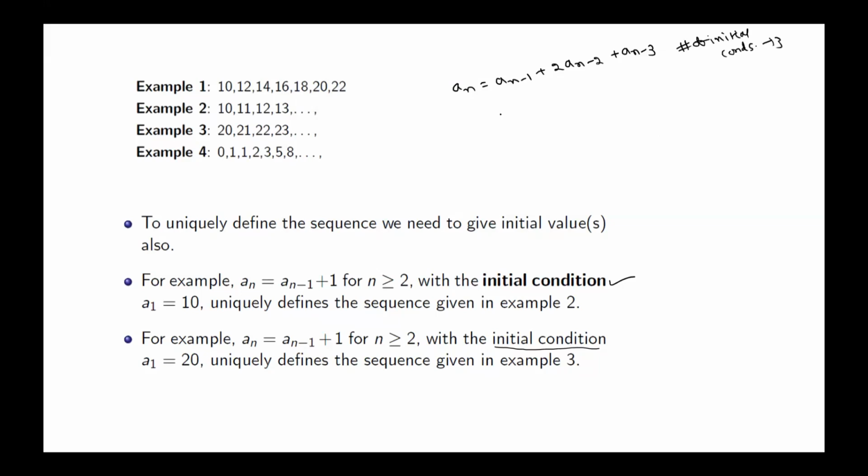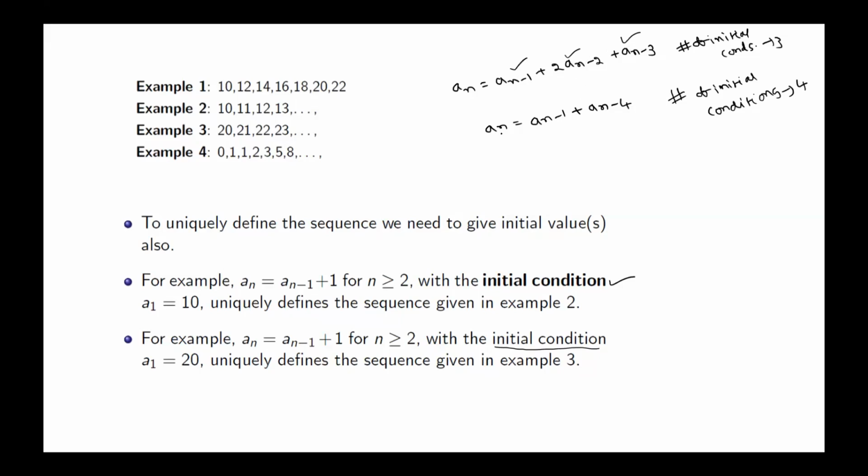For example, a_n is a_(n-1) plus a_(n-4). Here, how many initial conditions should be given? 4. It is 4, not 2. It is not based on the number of previous terms here.